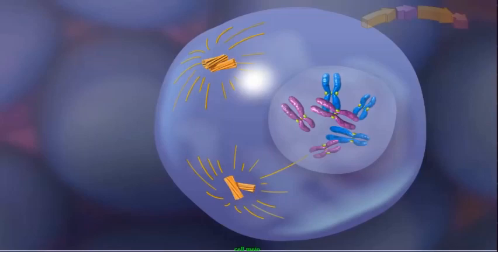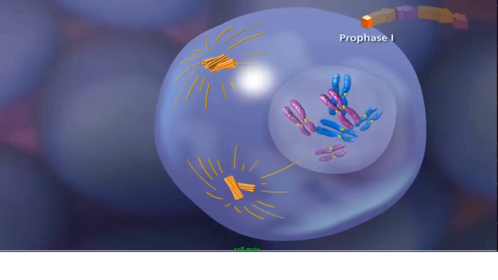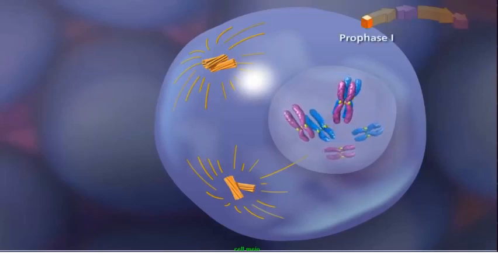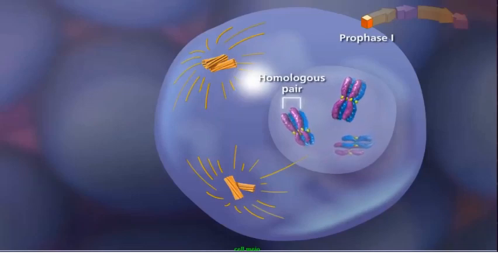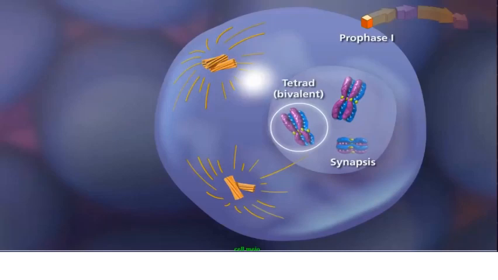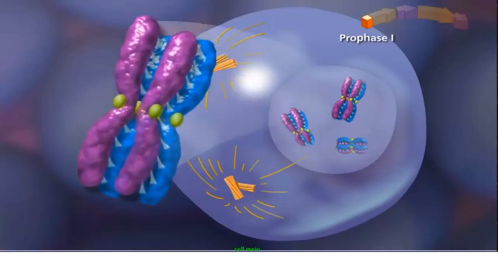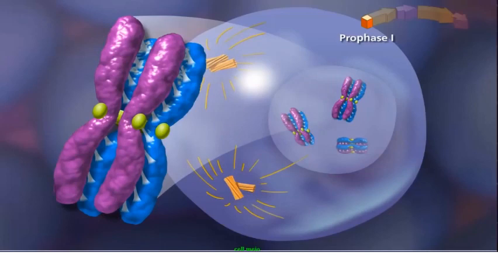The first event occurs during Prophase I, when homologous pairs of sister chromatids lie side by side in a process called synapsis, forming a tetrad or bivalent. The homologous chromosomes share similar but not necessarily identical genes. Once this structure is formed, the second event, called crossing over, can occur.